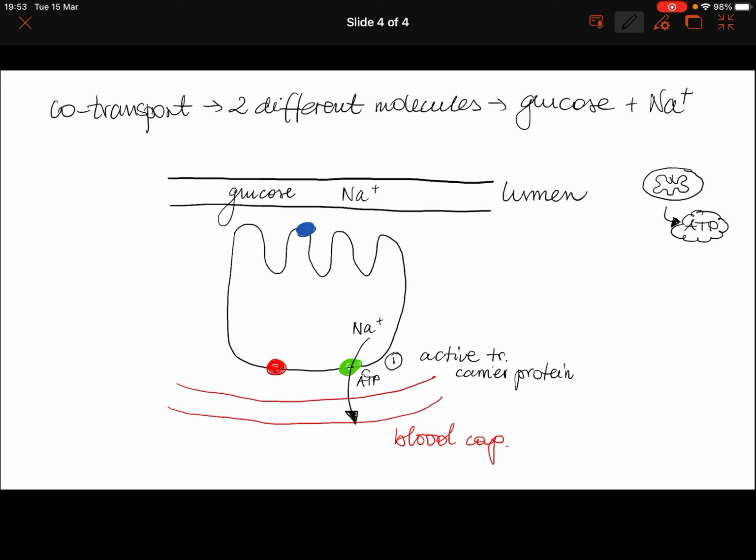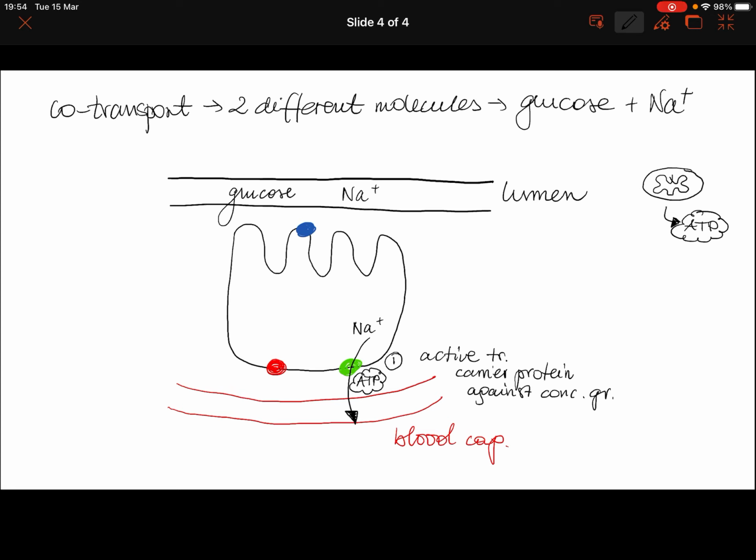This transport requires energy, requires ATP, because it's taking place against concentration gradient.